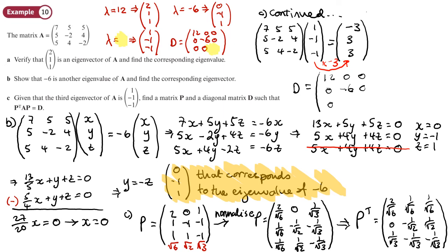And that last one that I've worked out is negative 3. And that matches up with the matrix that I've done for P, because that's the same order. Eigenvector for 12, eigenvector for negative 6, eigenvector for negative 3. If you swap the order of these vectors, make sure that these eigenvalues match up with them. These need to be swapped as well.